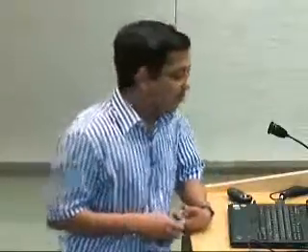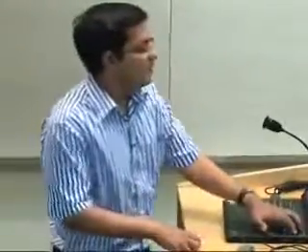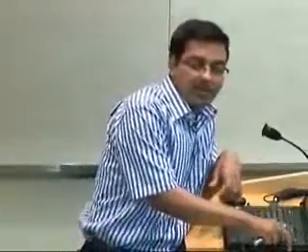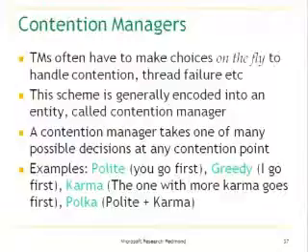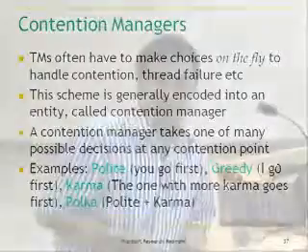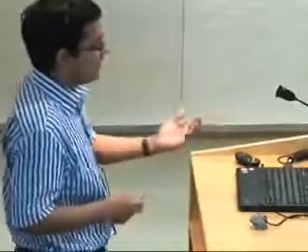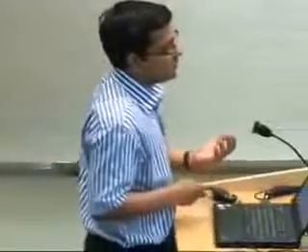Now if you have a greedy contention manager, which says that I go first, it's easy to see that... If you take a polite contention manager, which says that the contending thread goes first, then it's difficult to guarantee anything on liveness, because a thread could fail and everyone else could be waiting for that thread forever.